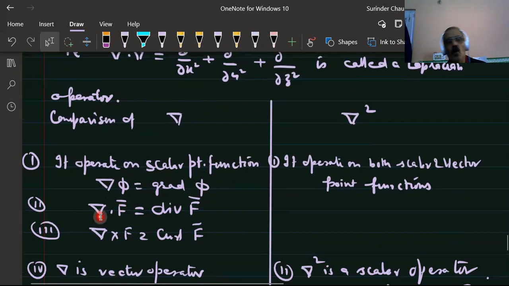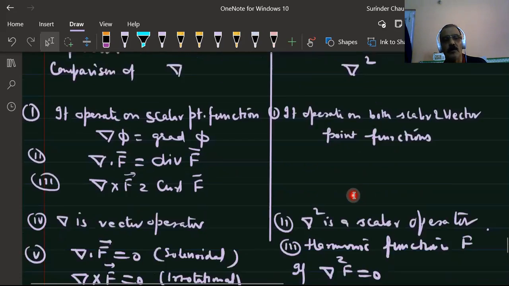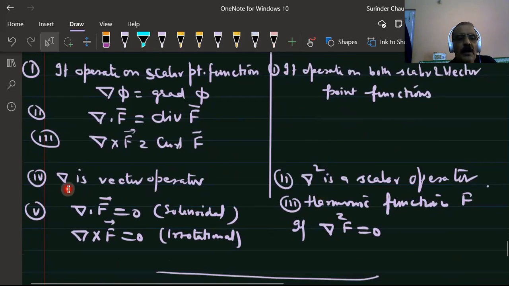If you find the dot product of del with a vector function, you get the divergence.